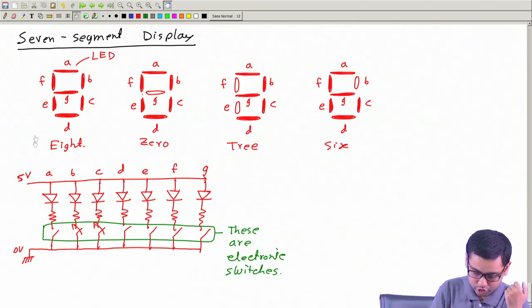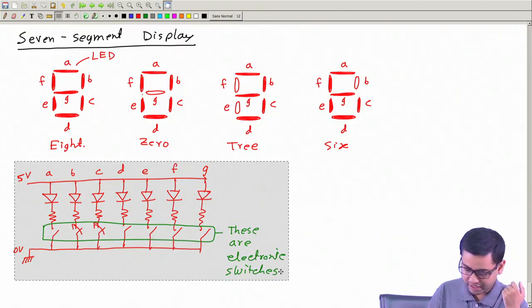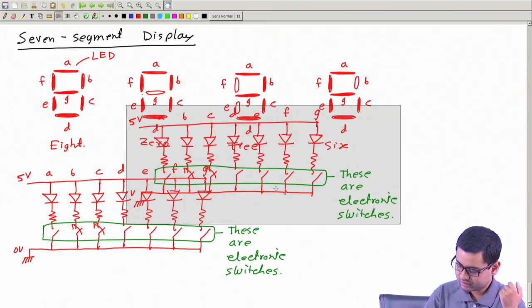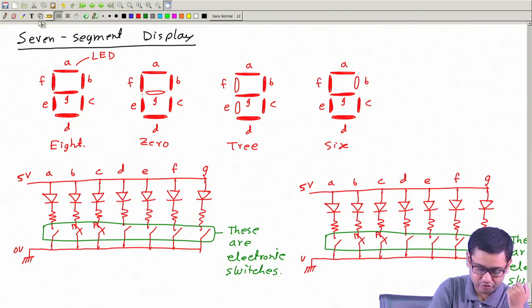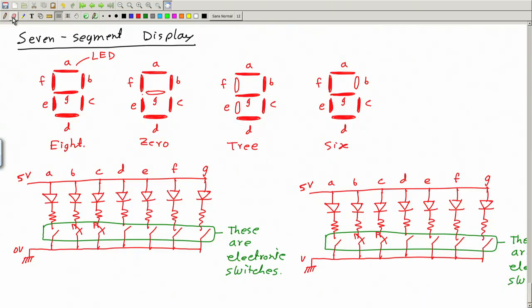Okay, we could also have a small variation like this, where instead of having the switches on this side, we could also have switches on the other side.